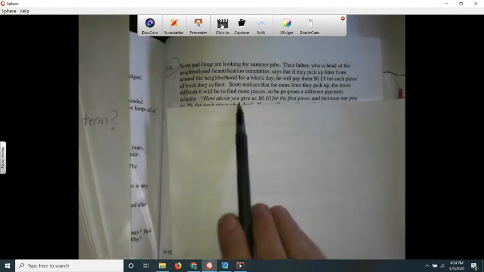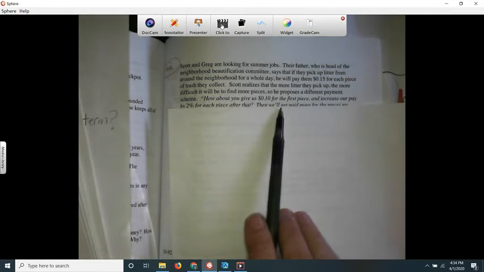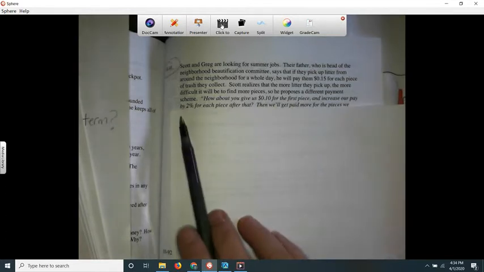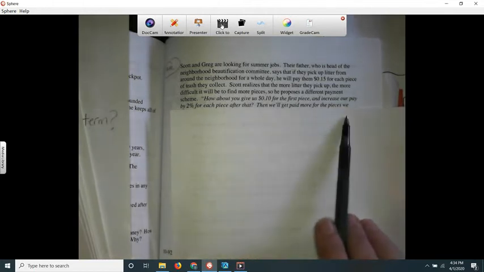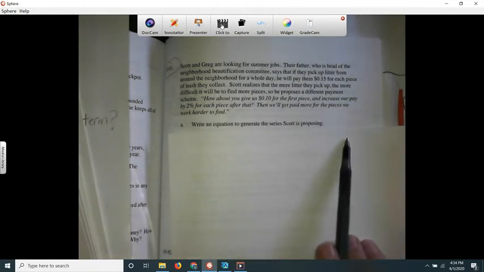After we've been picking up trash for half an hour, it's going to be really hard to find pieces of trash. So he's saying, let's do it this way. How about if you give us 10 cents for the first piece of trash and then increase our pay by 2% for each piece after that? Then we'll get paid more for the pieces we work harder to find.